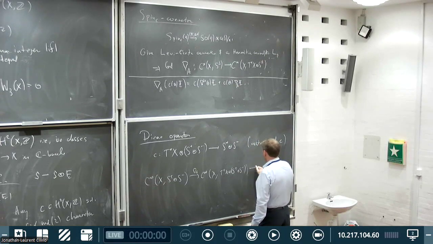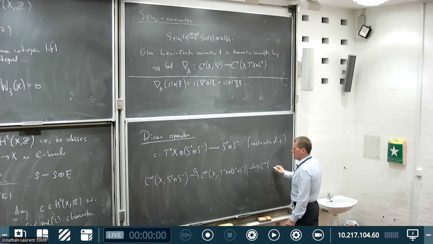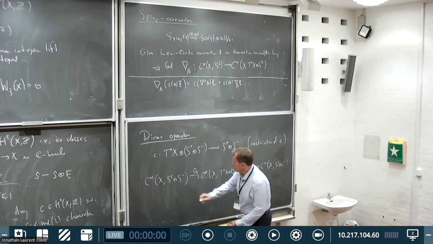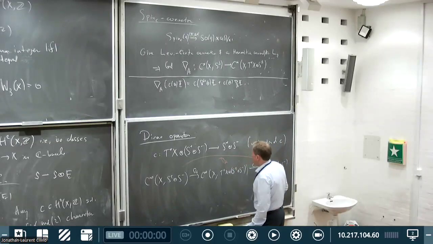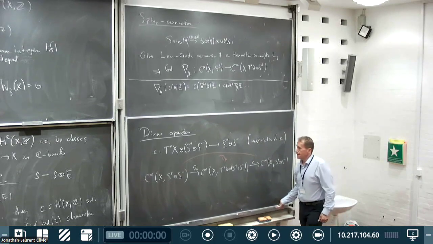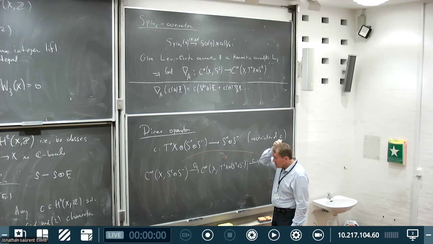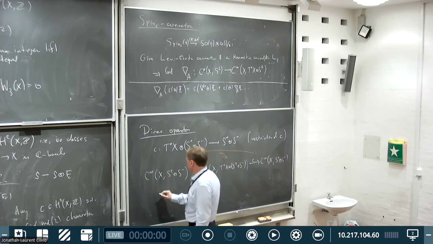And then I can do pointwise Clifford multiplication back to sections of S plus and S minus. And this composite is the amazing and wonderful Dirac operator. Okay, yes.